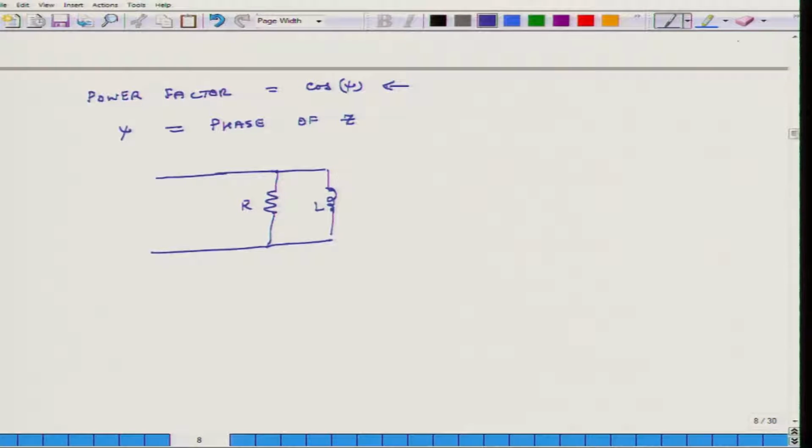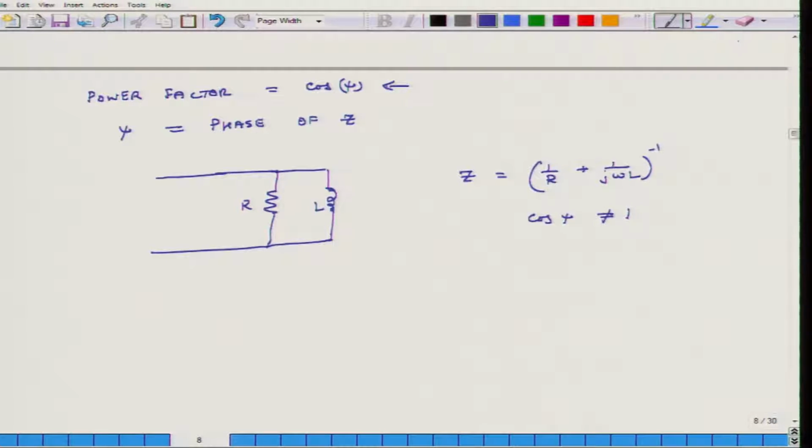In this case the overall impedance will be 1 over R plus 1 over j omega L, and I have to take the inverse of this. And in this case there will be a cosine of psi term, and it will not be equal to 1 because of the presence of L.